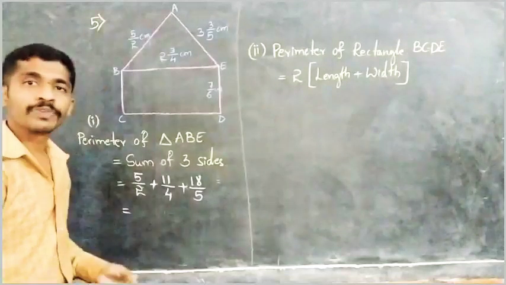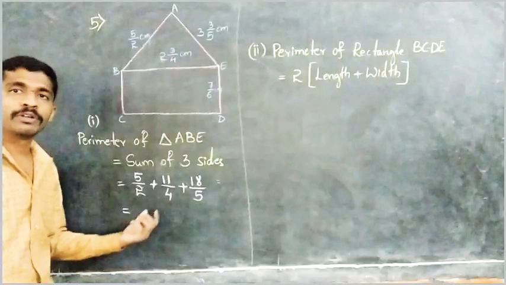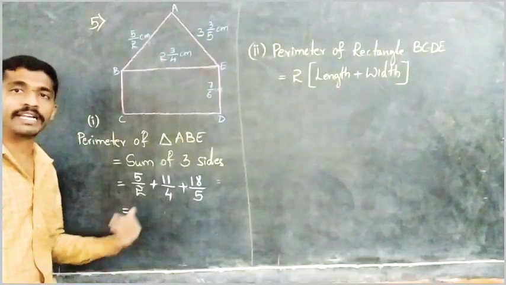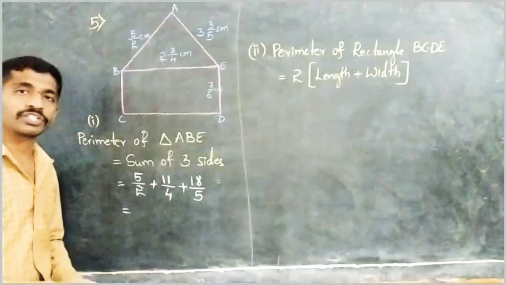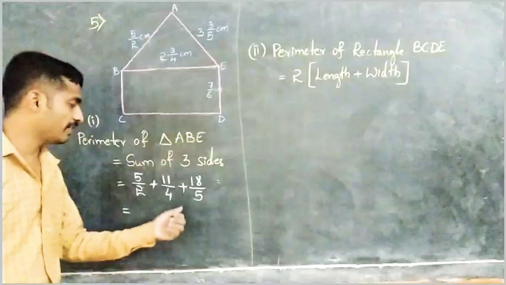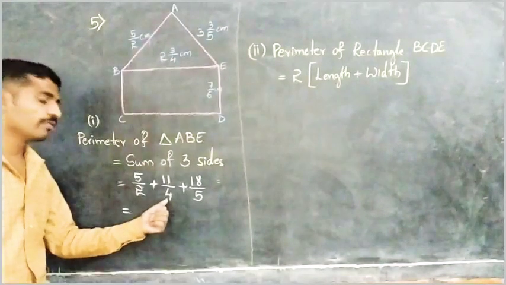Now 5 by 2, 11 by 4, 18 by 5, all have different denominators. So what you have to do? Take the LCM. What is the shortcut? Start with the 5 table. 5 ones are 5, it is not there in the 2 and 4 tables. 5 2s are 10, 10 is not there in the 4 table.